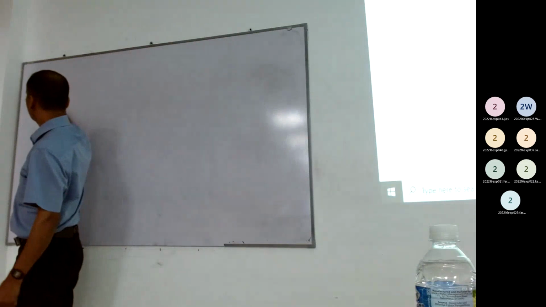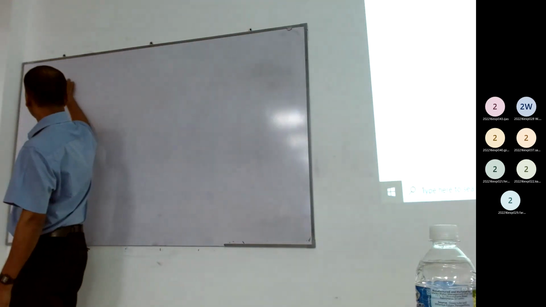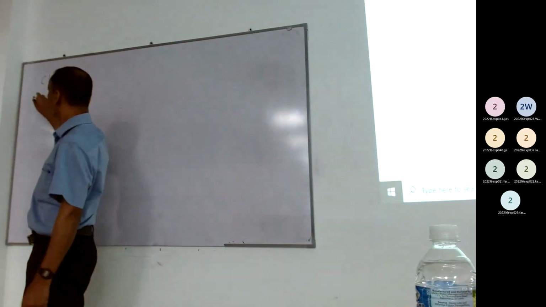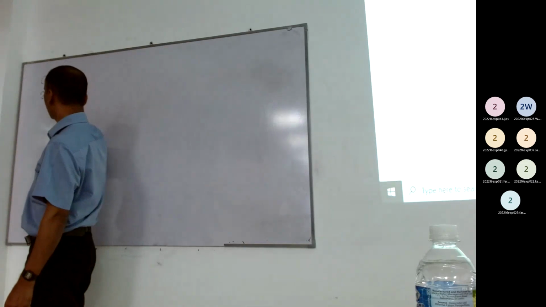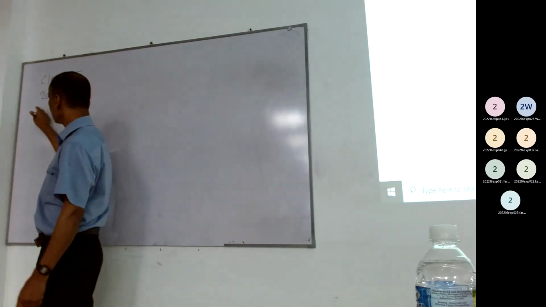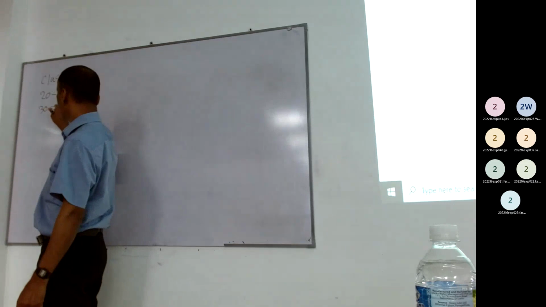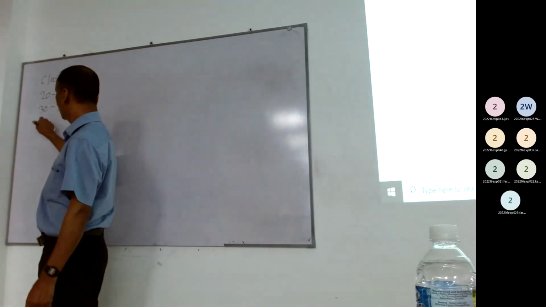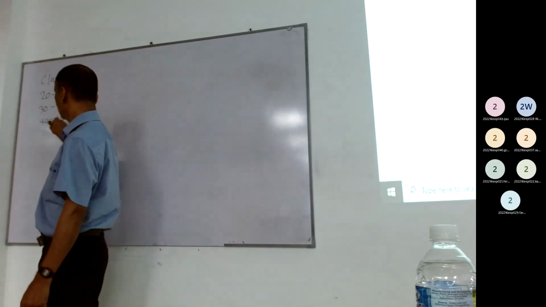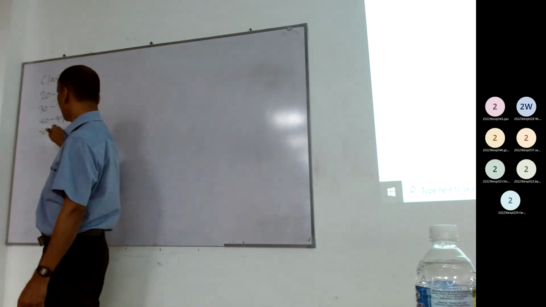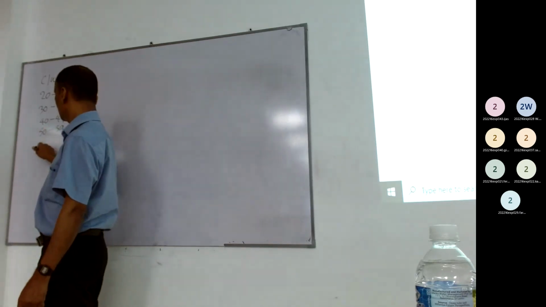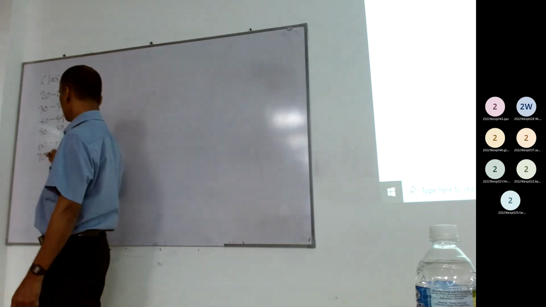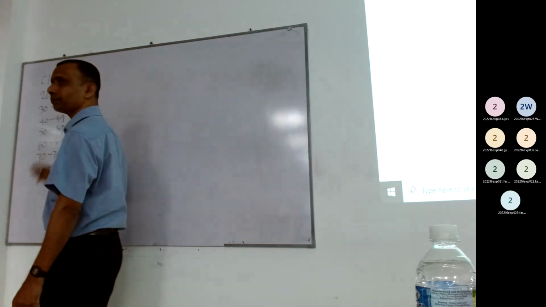Right, give me that you are having class and the frequency. You obtain 20-29 like that, up to 80s, no? 30-39, 40-49, 50-59, 60-69, 70-79, 80-89.